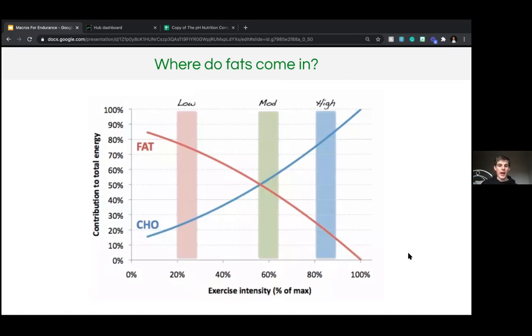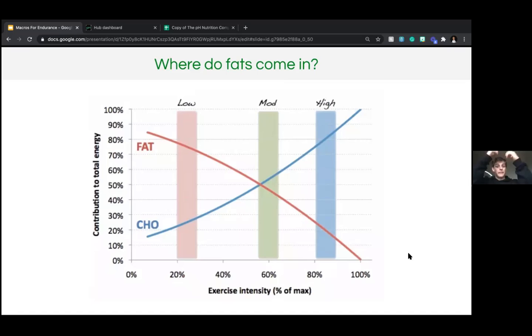And the way that you can do this is periodize based on your training phase and then based on day-to-day training as well, which we will show you how to do on the templates when we get there. But it's this concept of, for example, if you are in that prep phase, you're not in a competition phase, your overall fat intake is probably going to be a bit higher than it would be if you're in the comp phase.